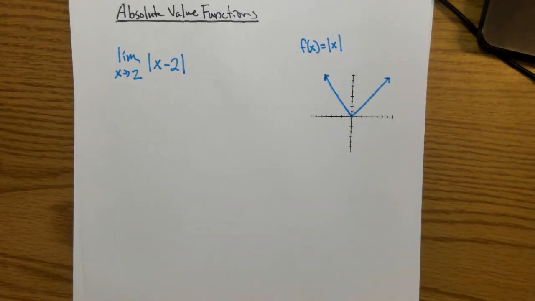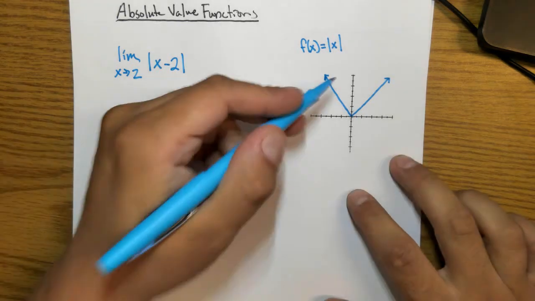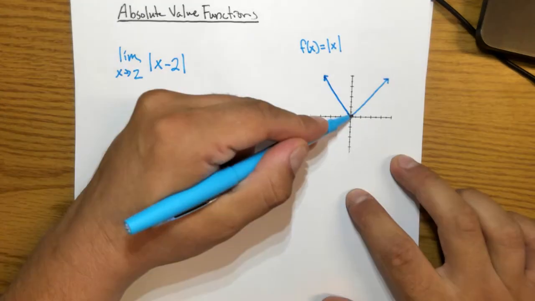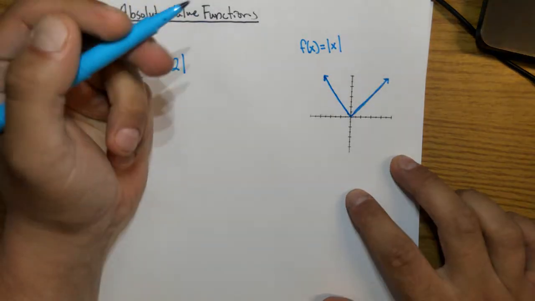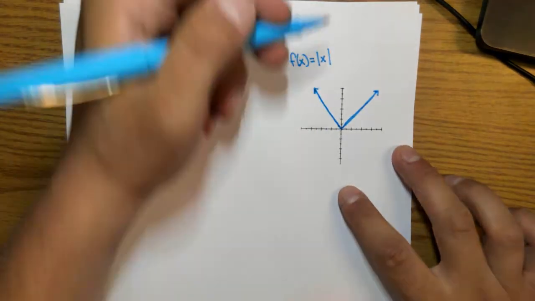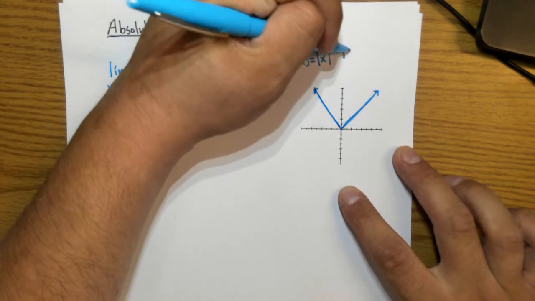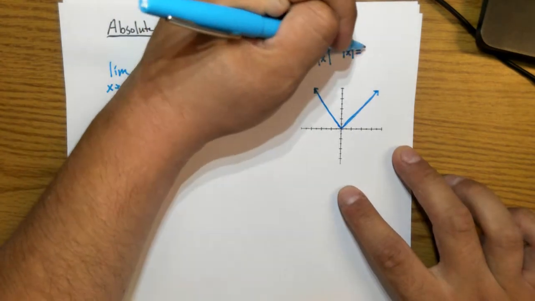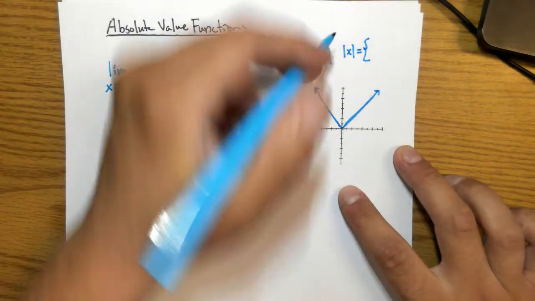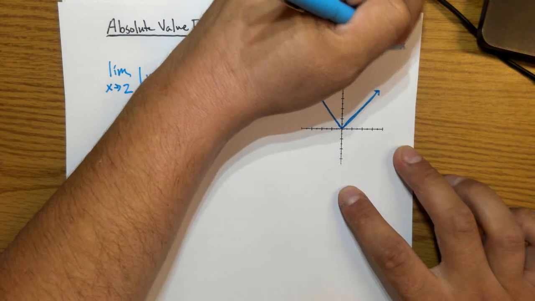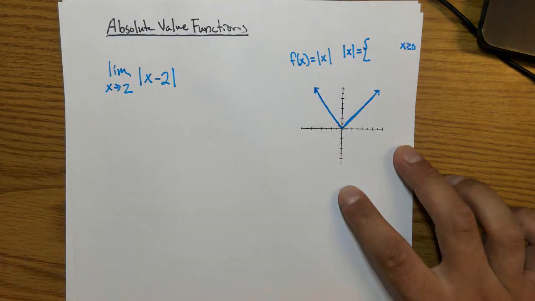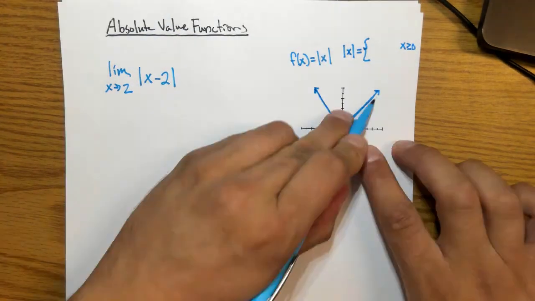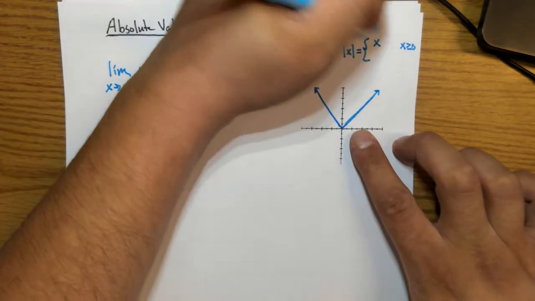So with absolute value functions, we actually can describe them as a piecewise function. In this case, that's what we'll want to do, because we want to describe what's happening here and what's happening here. Now, to describe the absolute value of x, when x is greater than or equal to 0, which is this part, our function is just x.